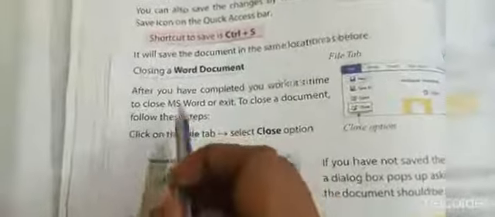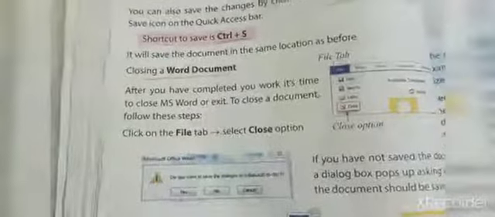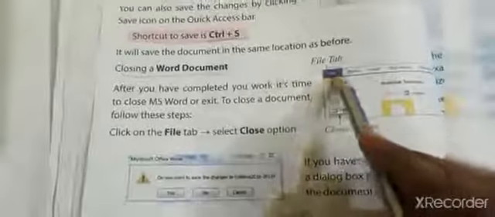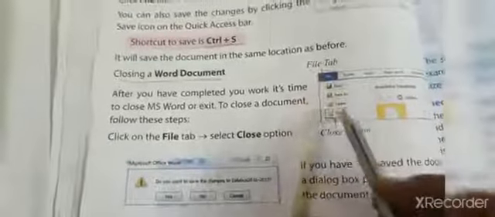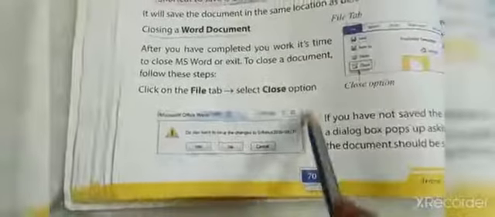Our next topic is closing a document. So after completing the text in the Word document, we have to close it, right? For that, click the File tab and select the Close option. If the file is not saved before, the warning box will pop up like this.